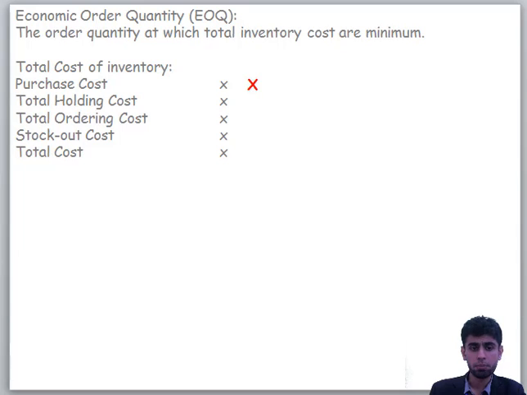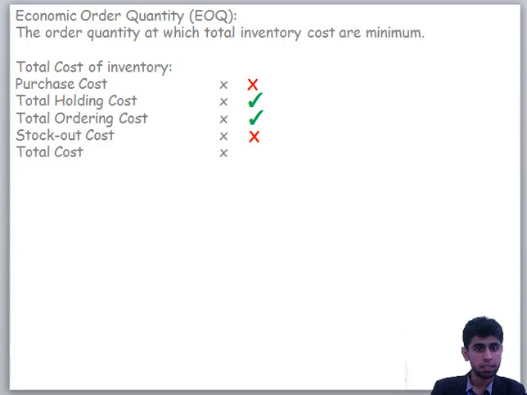Therefore, in economic order quantity calculation, the purchase cost is irrelevant. The second assumption is that there is no stock out cost. So we are left with only total holding cost and total ordering cost, and that's what we have to minimize using the economic order quantity formula.